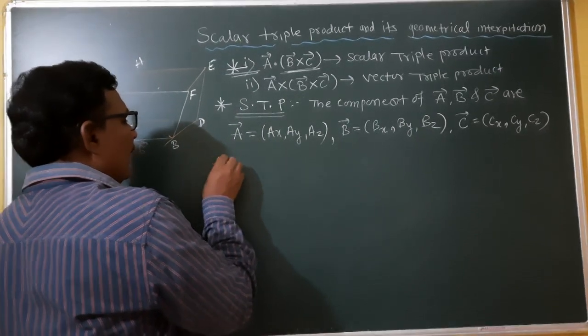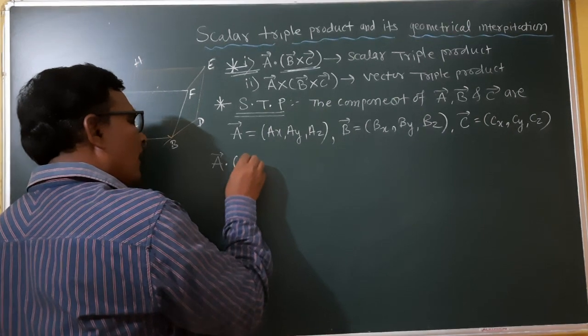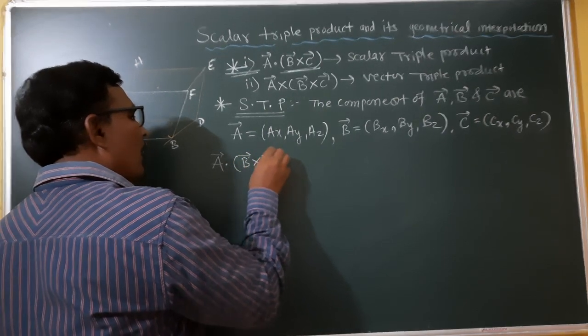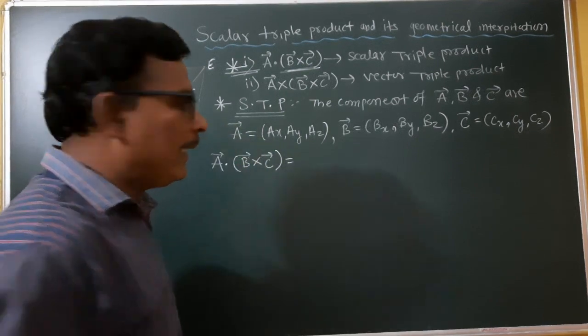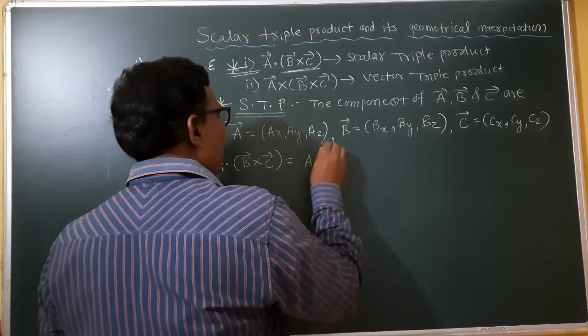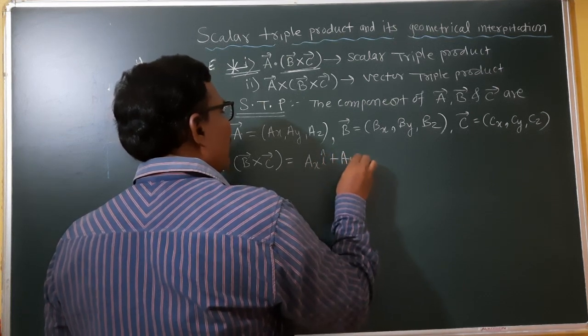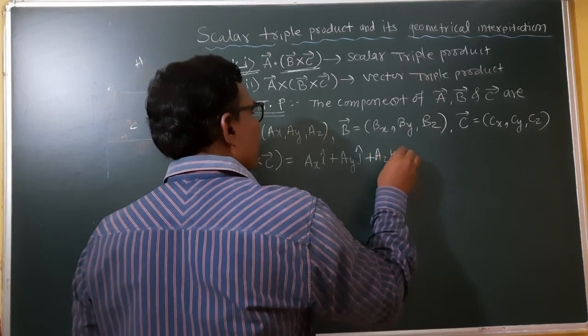That is A bar dot B bar cross C bar. The first vector can be written as A bar equals Ax into I cap plus Ay into J cap plus Az into K cap.